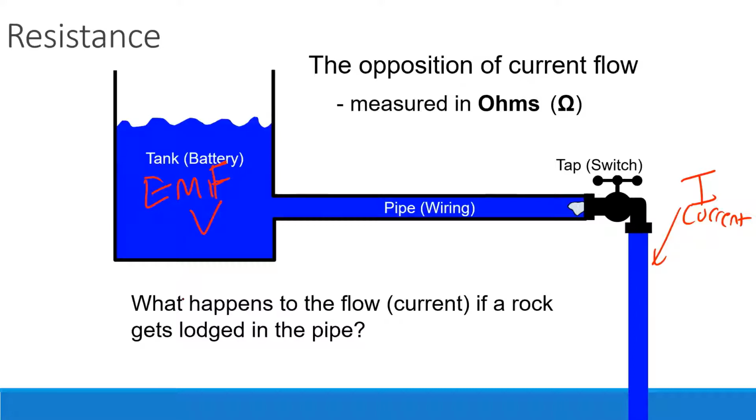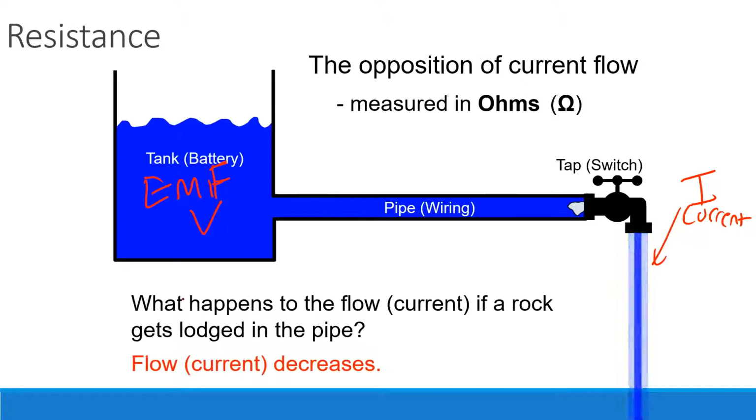Initially, the water could just push through because that's what the voltage did, but now it's harder for it to push through. So less water is going to come out, and therefore the current is going to decrease. The amount of water flowing through is lower because there is something opposing the force of the water.